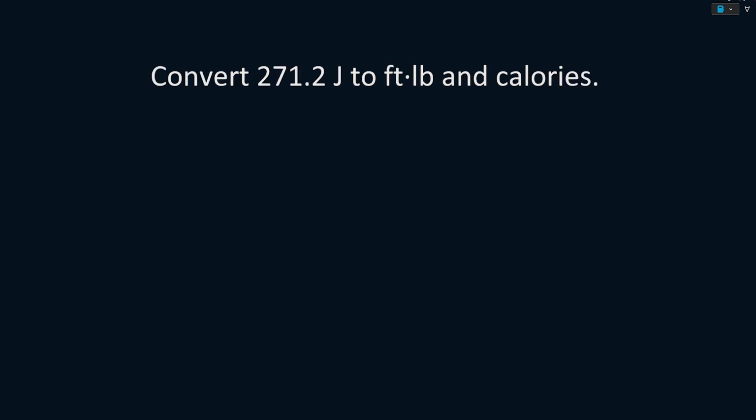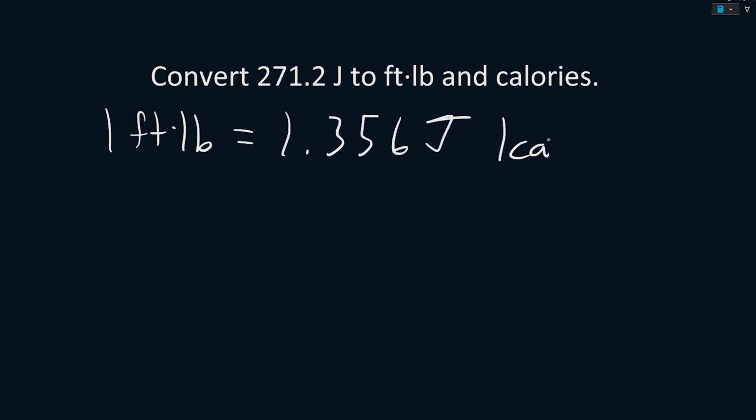Convert 271.2 joules to foot-pounds and calories. First, we'll identify our conversion factors. 1 foot-pound is equivalent to 1.356 joules, and 1 calorie is equivalent to 4.184 joules.